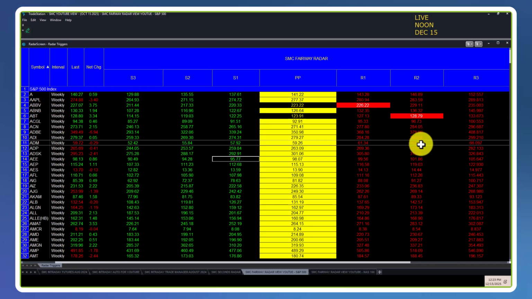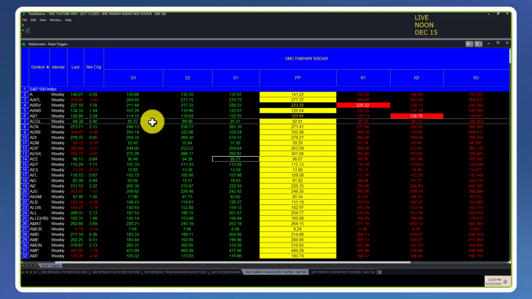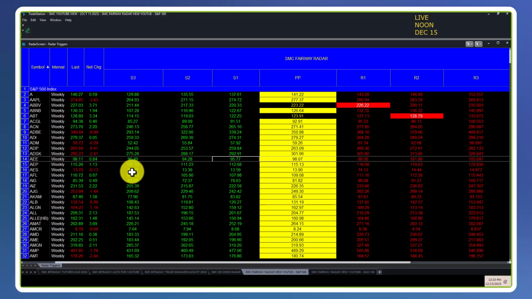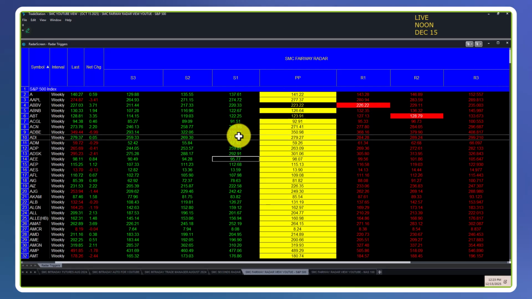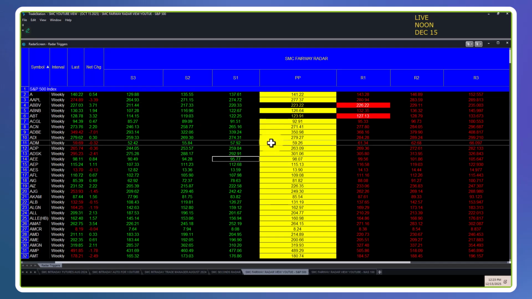All right. So the idea would be, we want to, on a weekly basis, find stocks that are most overdone. We want to be buying off of support. So let's scroll down. Now at the moment we can't scroll the red cells or the yellow cells.